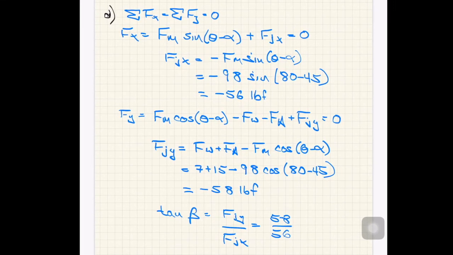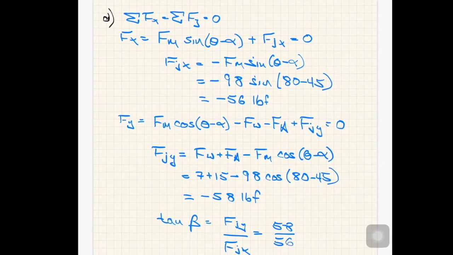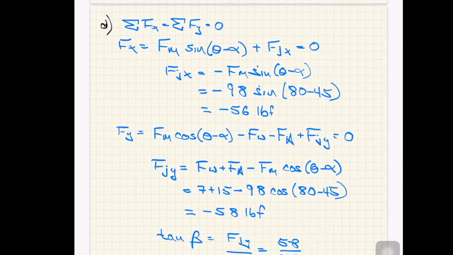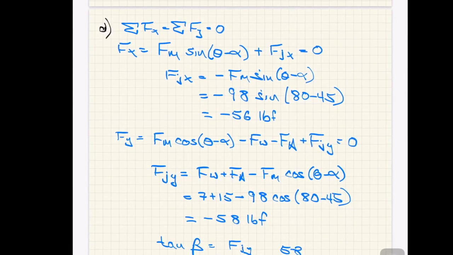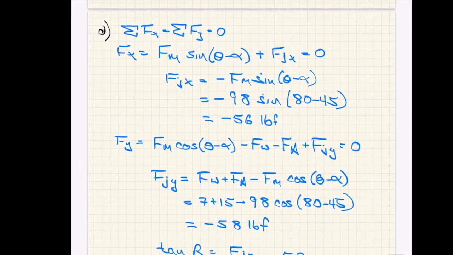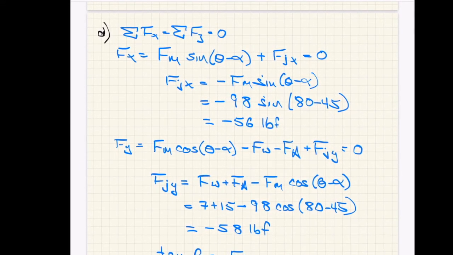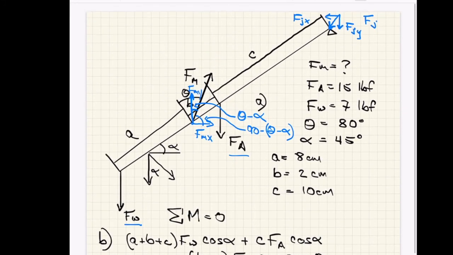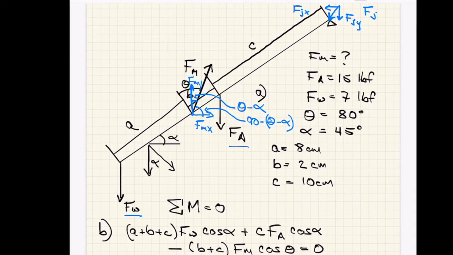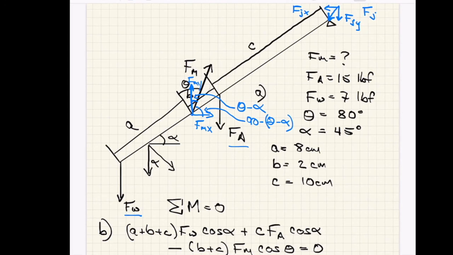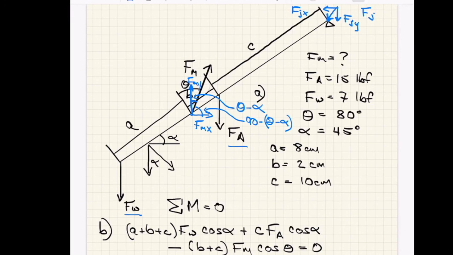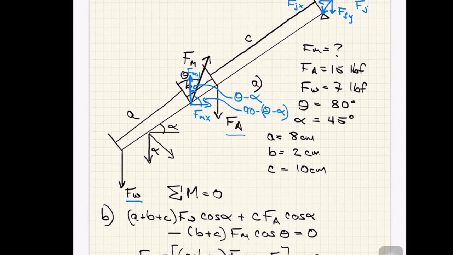The minus signs cancel, we don't have to worry about that, and we end up with an angle of 46 degrees. Not surprisingly, given that the two x and y amplitudes are very similar, we get an angle pretty close to 45 degrees. That tells us that the reaction force up here points down and to the left, about the same size in each direction, at an angle of about 45 degrees away from horizontal. So with that we've solved the problem.